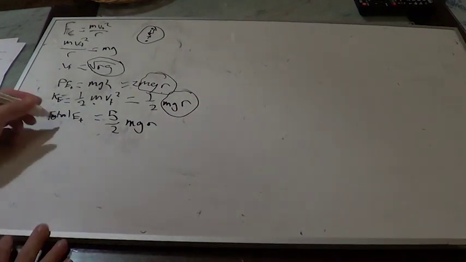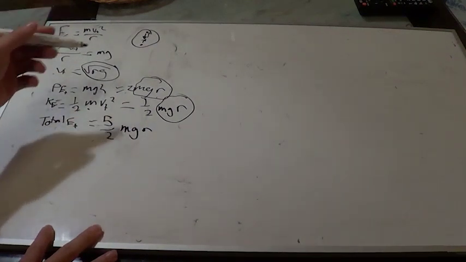But now we need it for the bottom. You know how the conservation of energy says energy can only be transformed, not created nor destroyed. So the energy at the bottom is equal to the energy at the top.